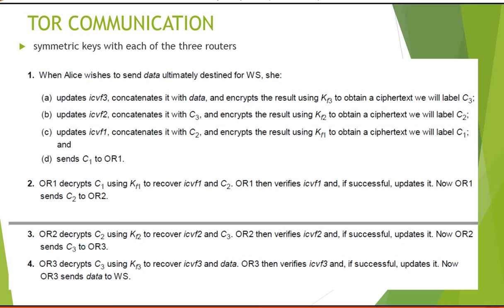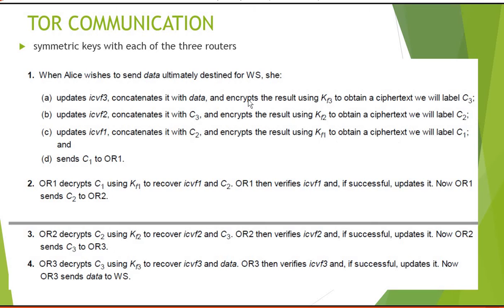First the data will be taken by Alice and encrypted using the key for the 3rd onion router. Then the integrity check value for the forward communication, related to onion router 3, is concatenated, and it will be labeled as ciphertext 3.